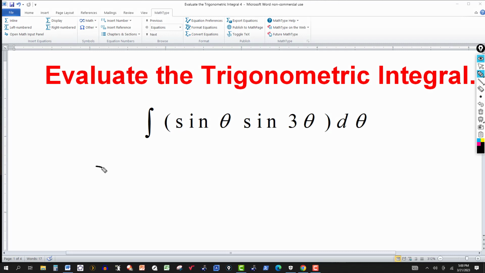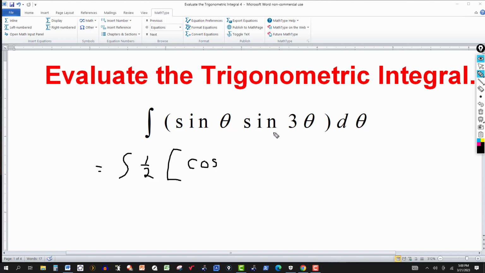So we'll go this route here then. This is going to equal the integral of 1/2, and then I'll have the cosine of the difference of these two, theta minus 3 theta.